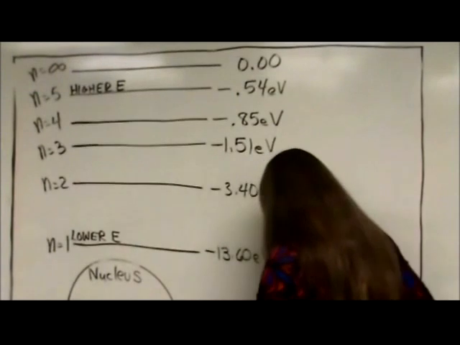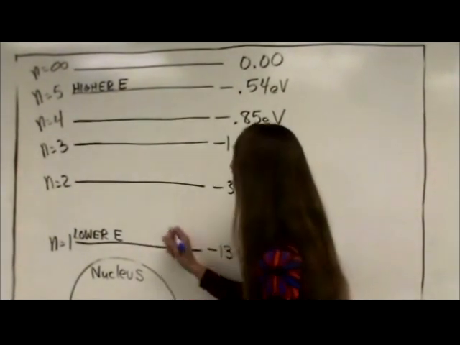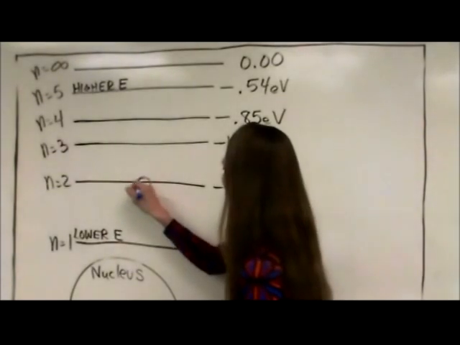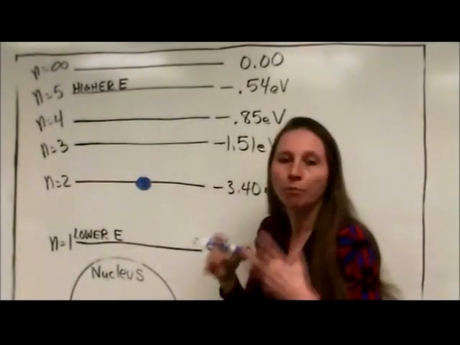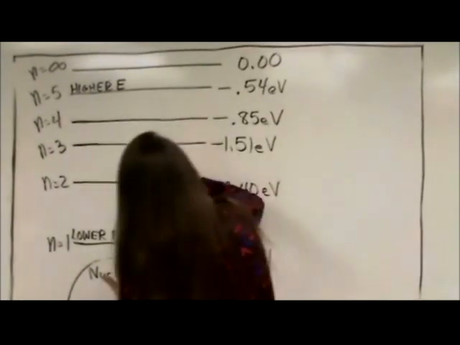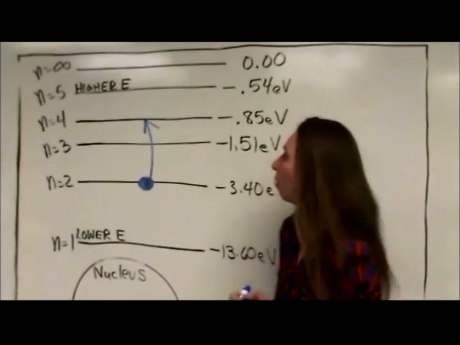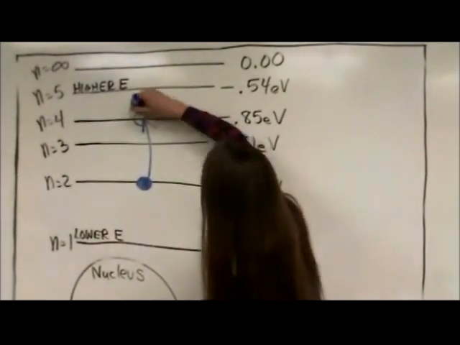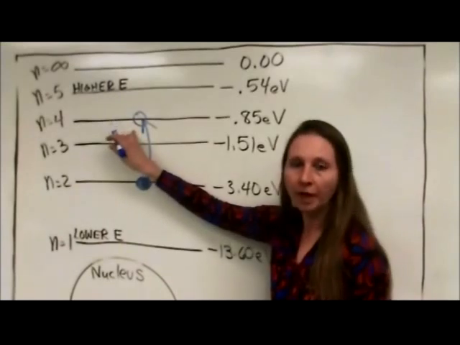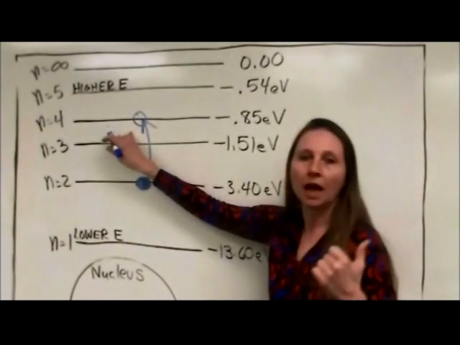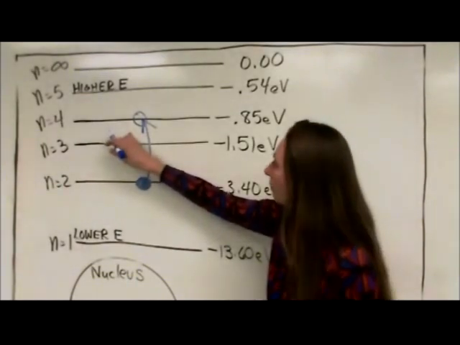So what if I were to draw an electron in a low energy level? Let's put the electron here at n equals 2. And if it absorbs energy, let's say it goes this way, right? It goes to n equals 4. So now the electron is up here. We say that the electron has absorbed energy. The electron is excited. It's in the excited state.